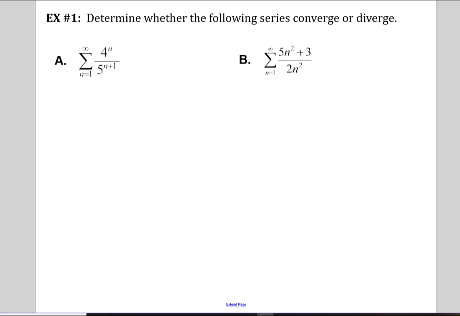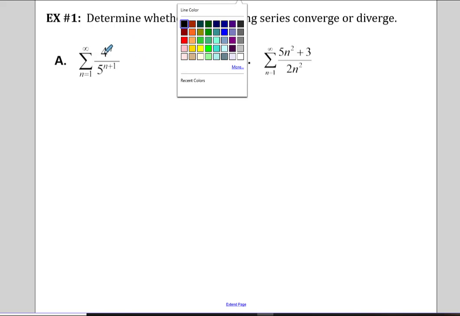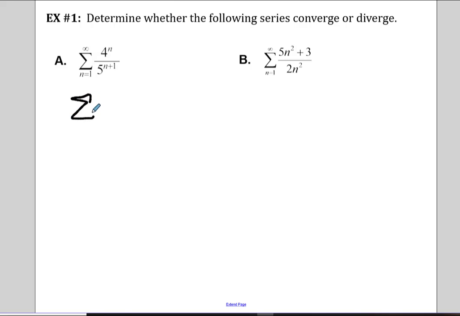So let's review those here on this example. You can see in this first one, this is a series where we can rewrite the term and see it as the summation as n goes from 1 to infinity. And if I pull out the 1/5 as my constant, I have a ratio of 4/5 to the n power, because this can be rewritten as 5 to the n times 5 to the 1, and being in the denominator makes it 1/5.